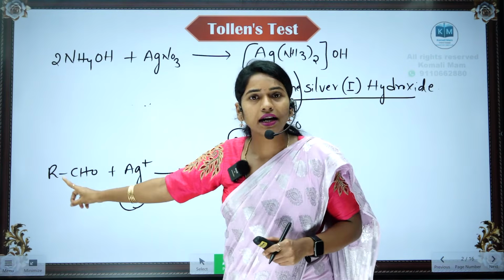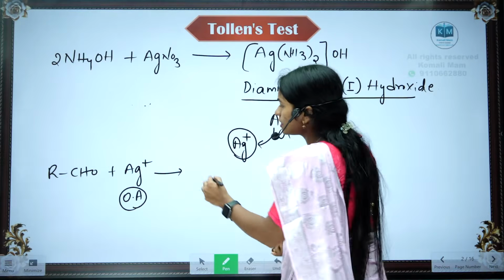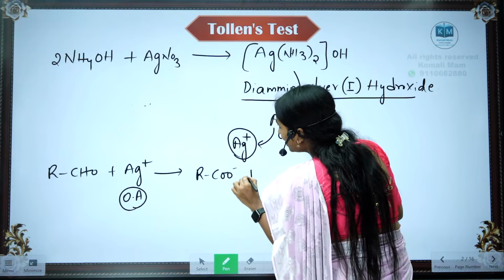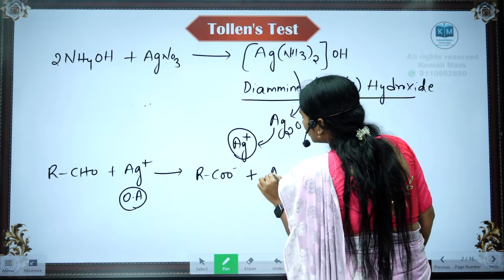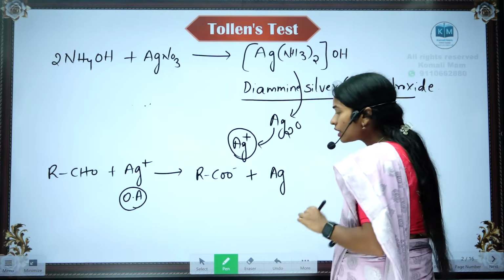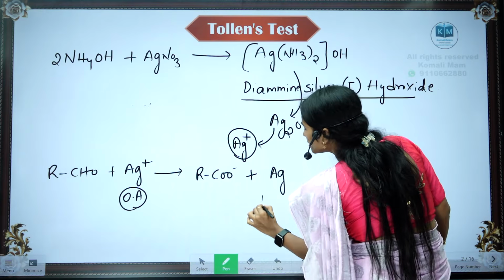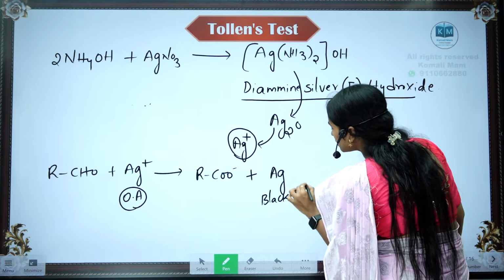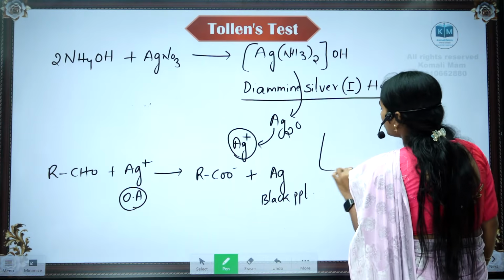Here aldehyde RCHO oxidizes to RCOO minus and Ag+ will be converted into Ag. Here this Ag is a black colored PPT, black PPT. Keep this black PPT in a water bath.